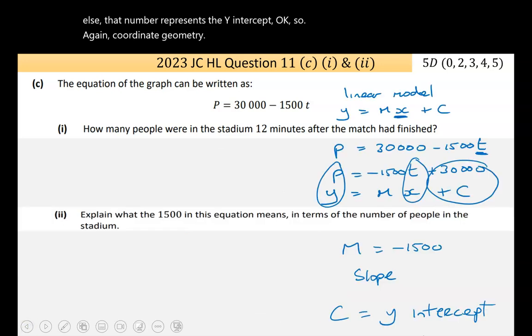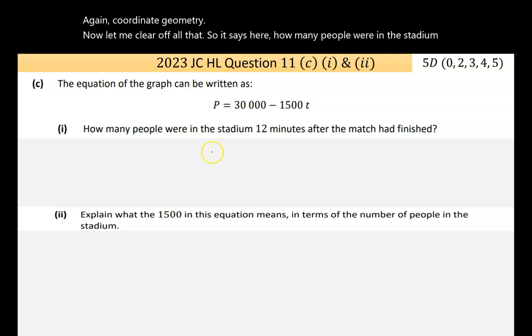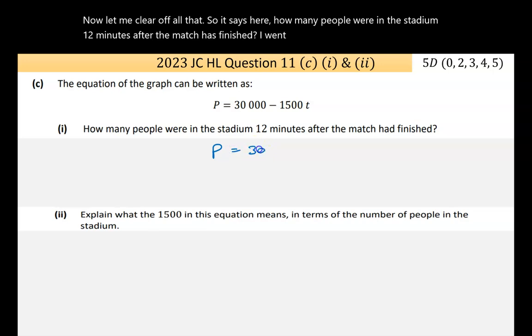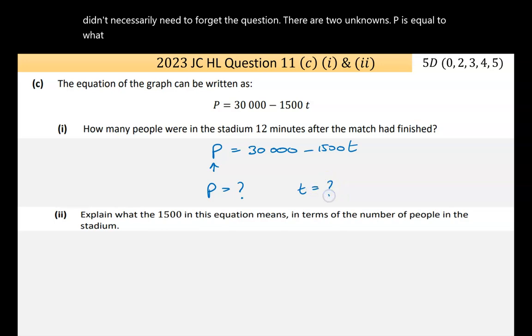Now, let me clear off all that. So it says here, how many people were in the stadium 12 minutes after the match has finished? Now, I went down a whole rabbit hole there that I didn't necessarily need for the question. There are two unknowns, P is equal to what, and t is equal to what.